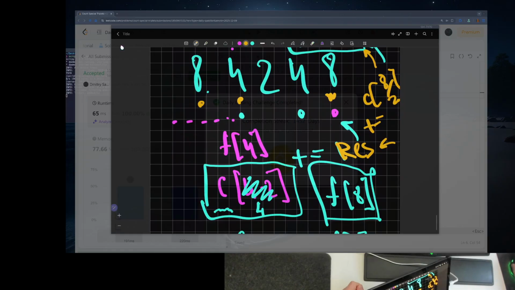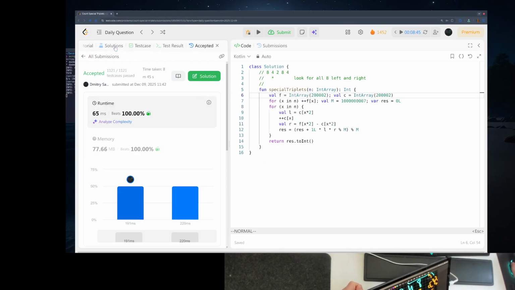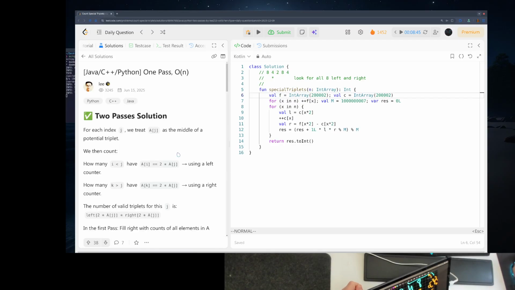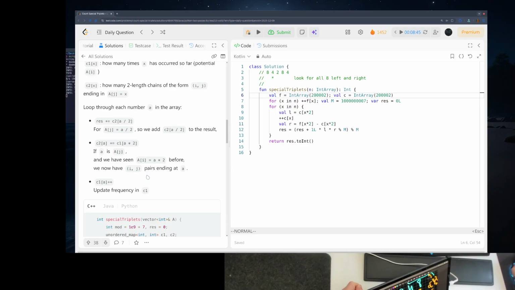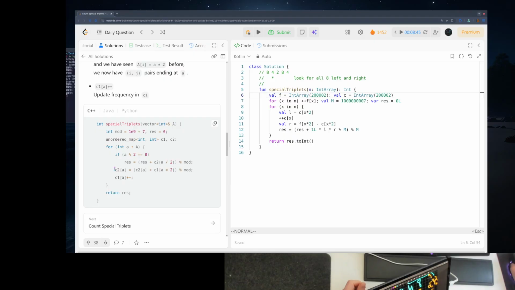So let's look at his description. It's not very obvious, but it's obvious if you read it slowly. So let's look at the code. Maybe it's just better. So it's C1 and C2. C1 is just the frequency counter, nothing special.